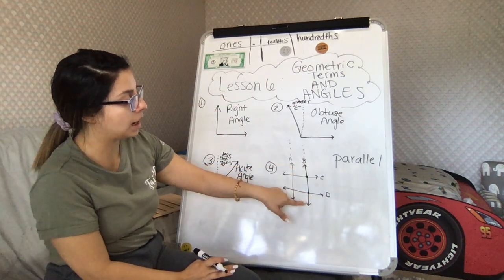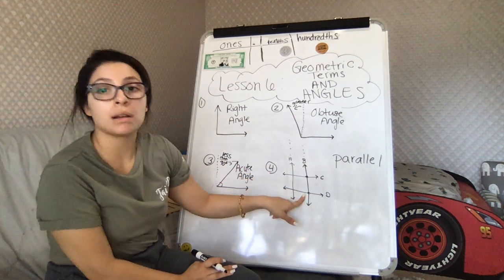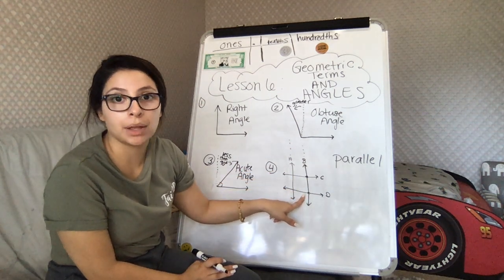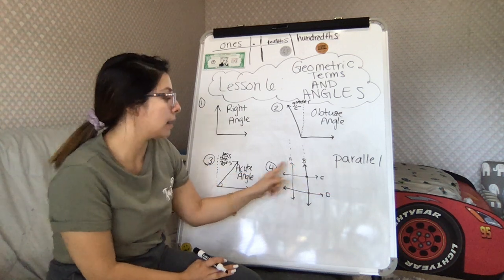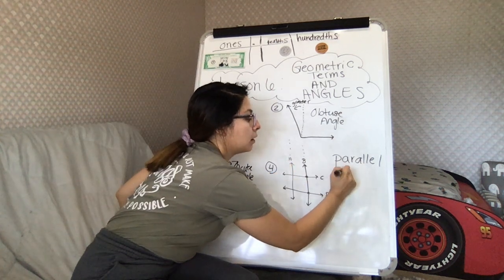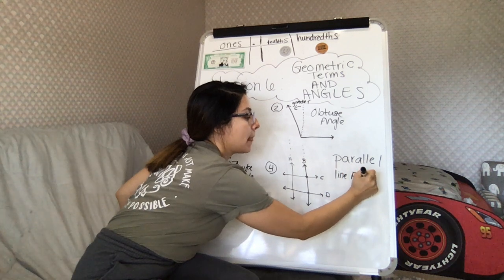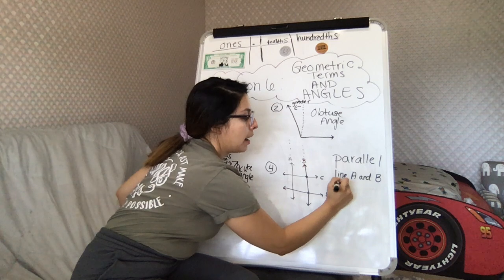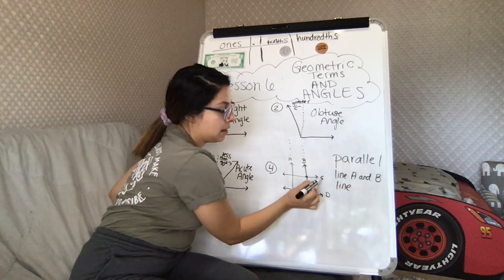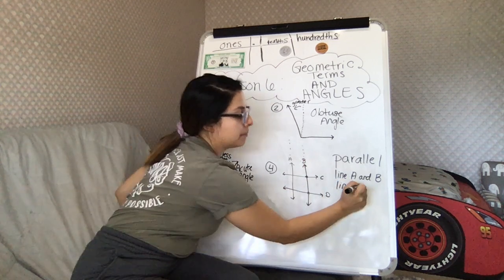So B, the line will touch C and D. So automatically, those are not parallel lines. But if you're talking about parallel, like I said, I would say line A and B, because they're a pair. And I would say line C and line D.